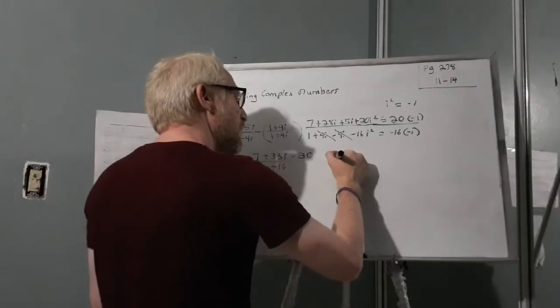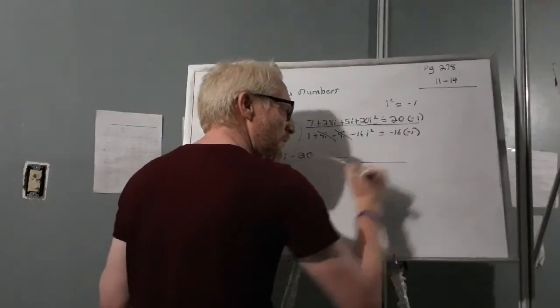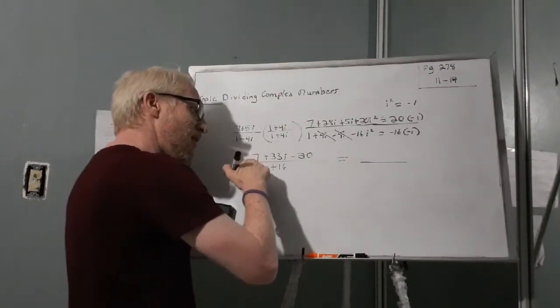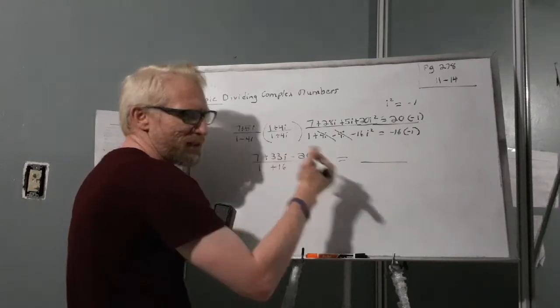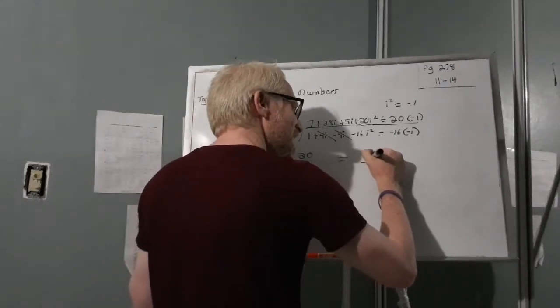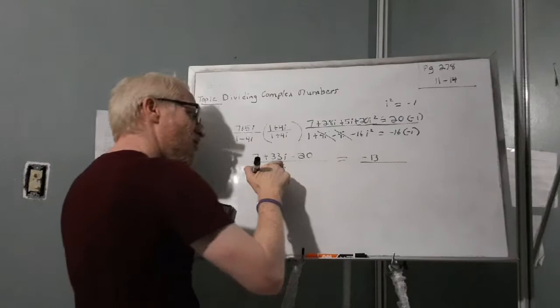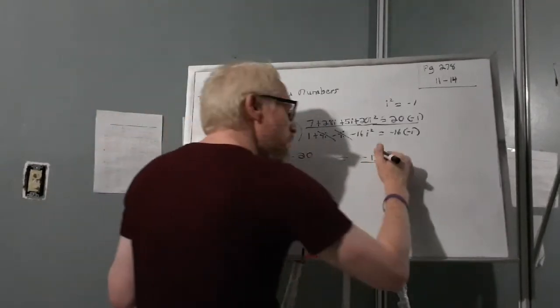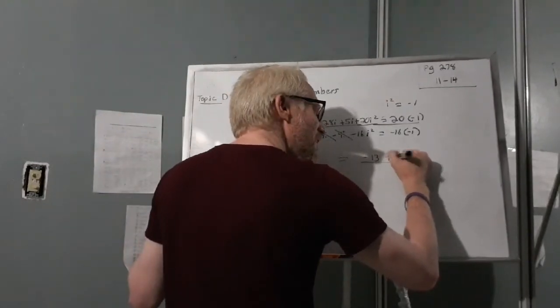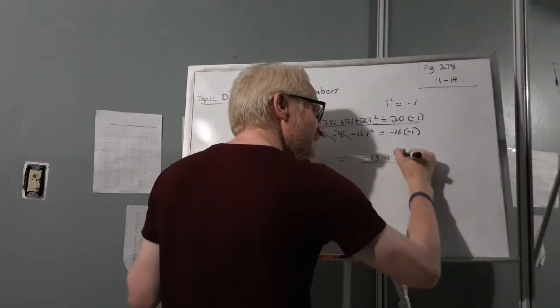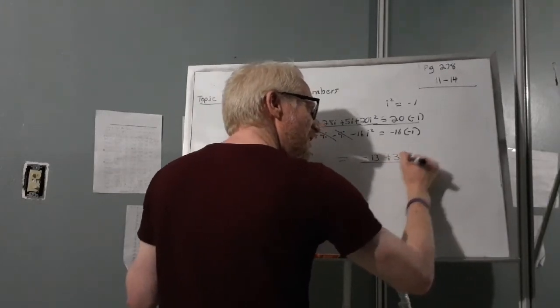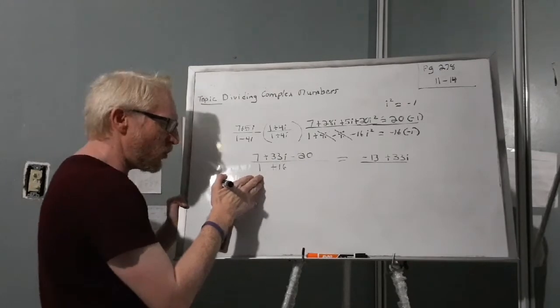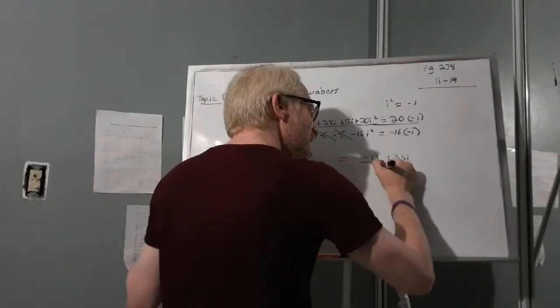Now I'm just going to simplify it. 7 minus 20 is -13. 33i has no like terms, so I just pass it on, plus 33i. And for my denominator, 1 plus 16 is 17.